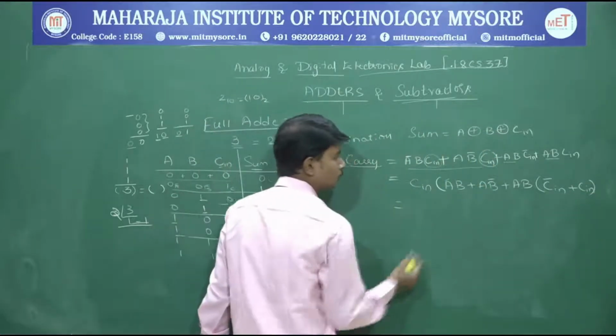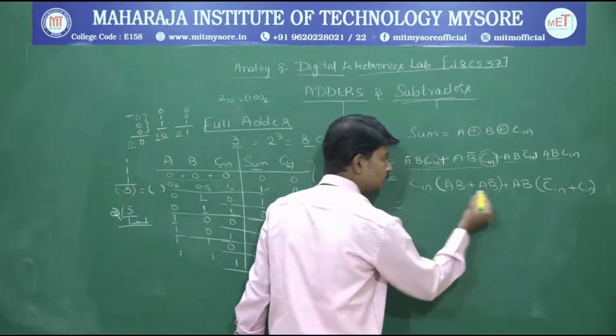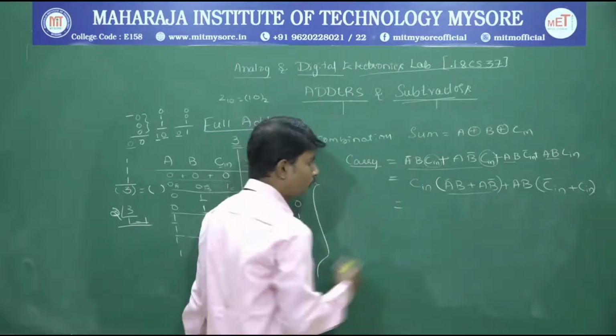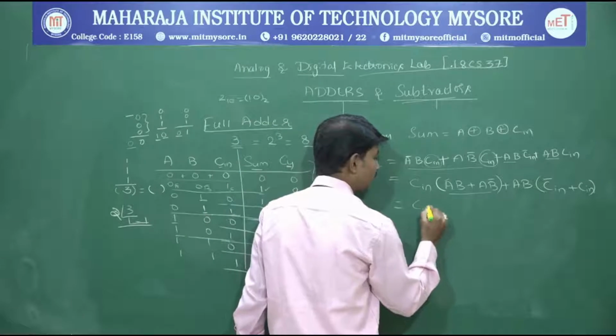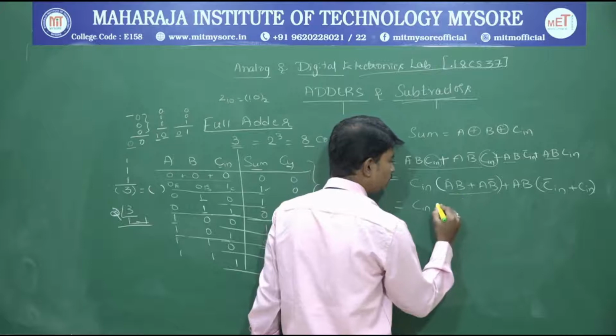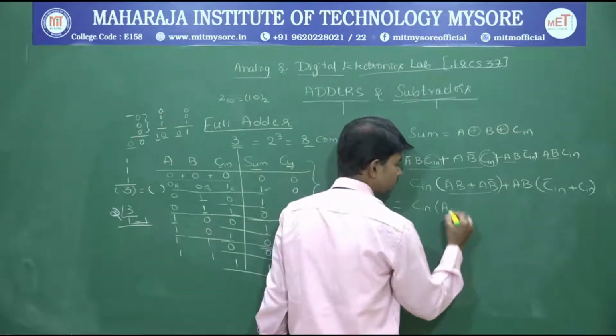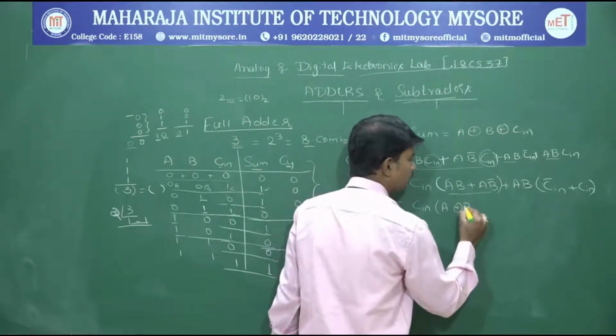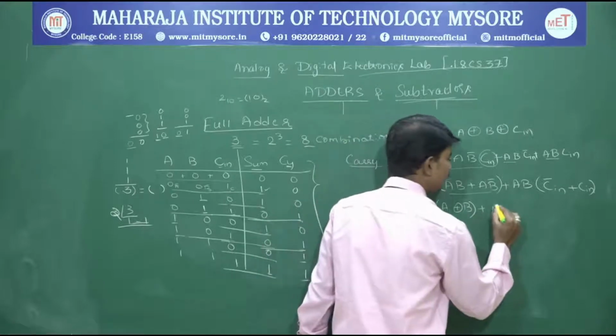Now what happens? Let's see. So again this is in the form of XOR form. As you can see, as we discussed in a previous logic circuit, C in into, I can just simply write it as A XOR B. So now what happens here?